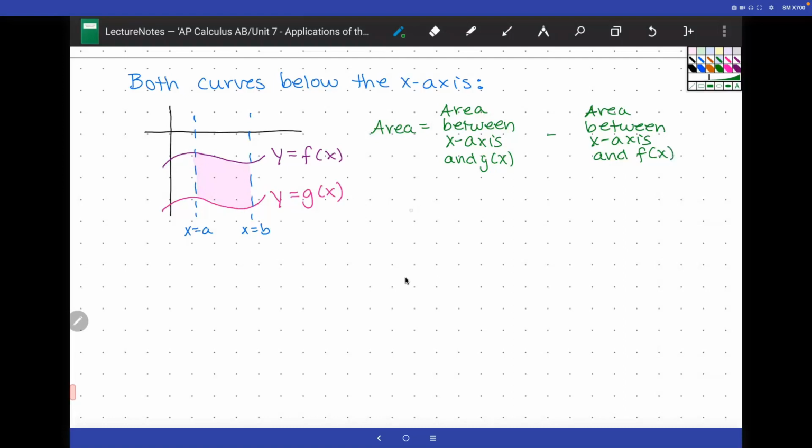Okay, so let's see what happens here. So keeping in mind when we need negatives, anybody want to try translating this into math? Yeah, Trick? Good. You want to keep going? Minus, and what's the area between x-axis and f? Excellent.